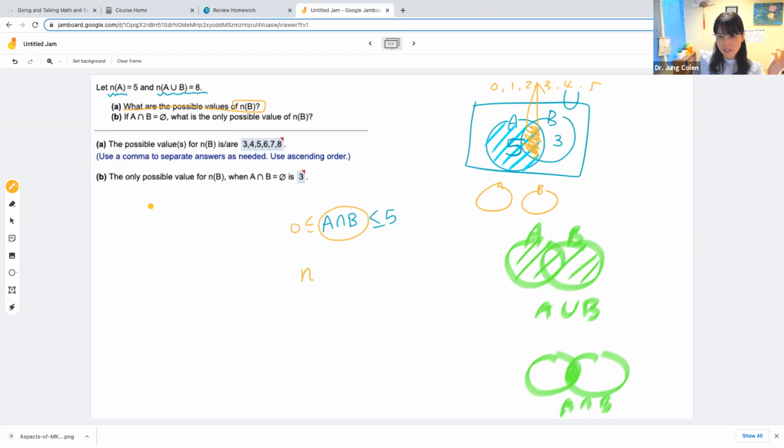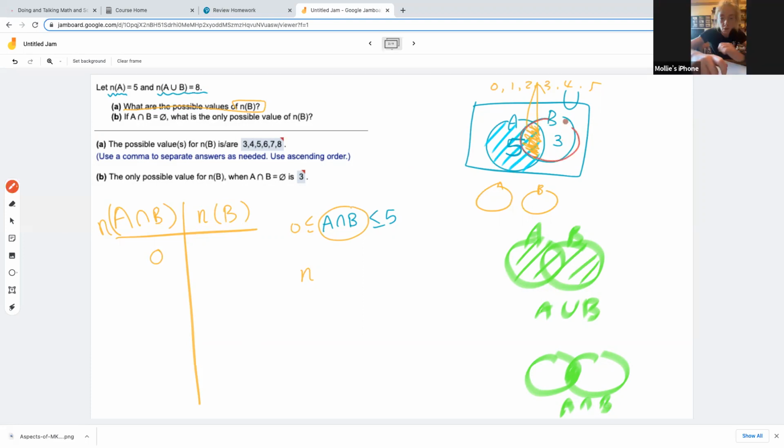Then let me rewrite this with a table. Maybe it's better. So A intersection B, this part in the yellow, we are thinking about the number of elements in it. And let's think about the number of elements in B. If this part here has no element, which means A and B are disjoint, so there's nothing in it, then think about B only.